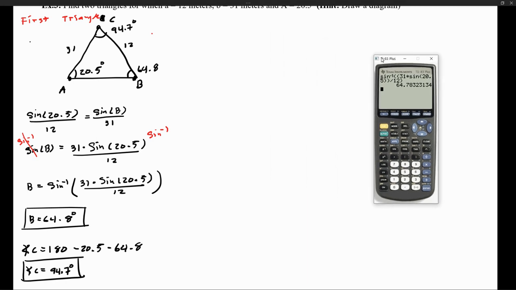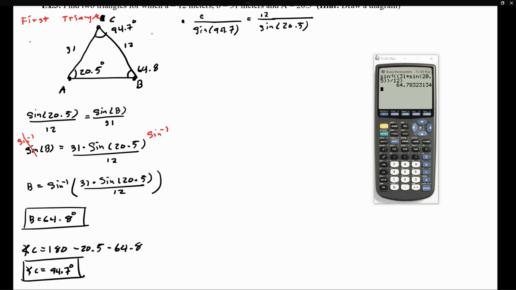So let's find that side. How can we set it up? Well, in order for us to find side c, I can just use the law of sines one more time. So this is going to be c over the sine of angle C, which in this case is 94.7. That's going to be equivalent to, I'm just going to choose the given, which is 12, so 12 over the sine of 20.5.